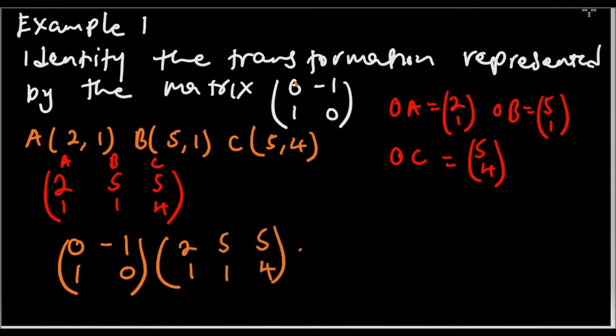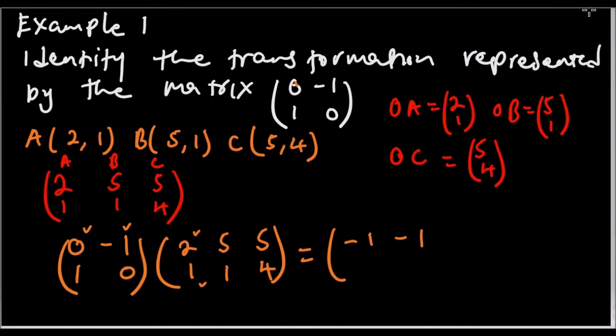Once you do that, we take 0 multiplied by 2, that will be 0, and then -1 multiplied by 1. So you add 0 plus -1, that will give us -1. You do the same: 0 multiplied by 5 is 0, -1 multiplied by 1 gives -1 when you add with 0.